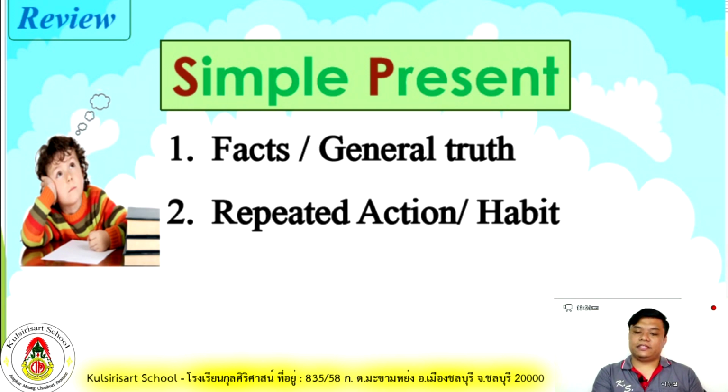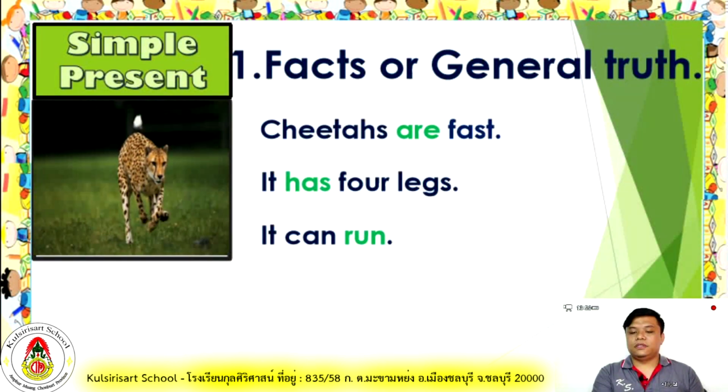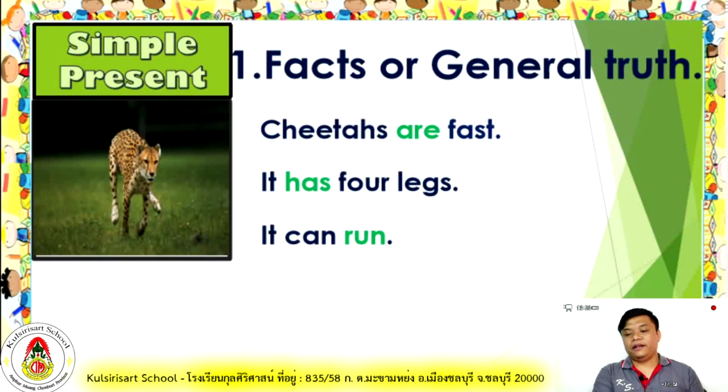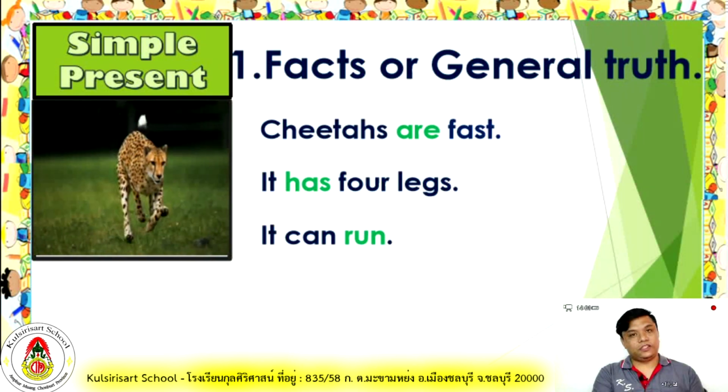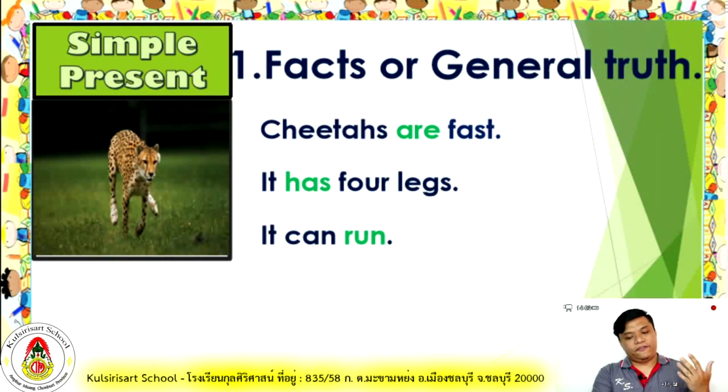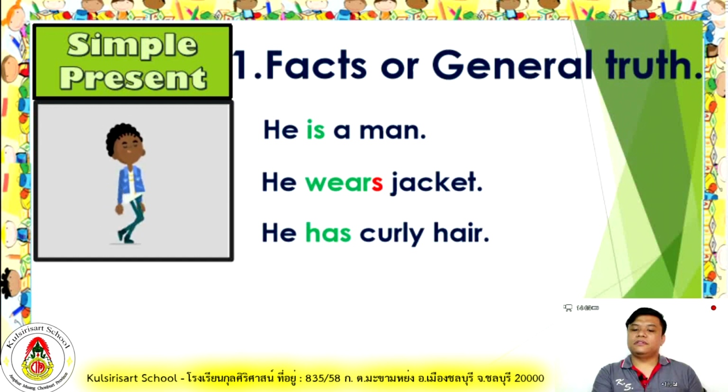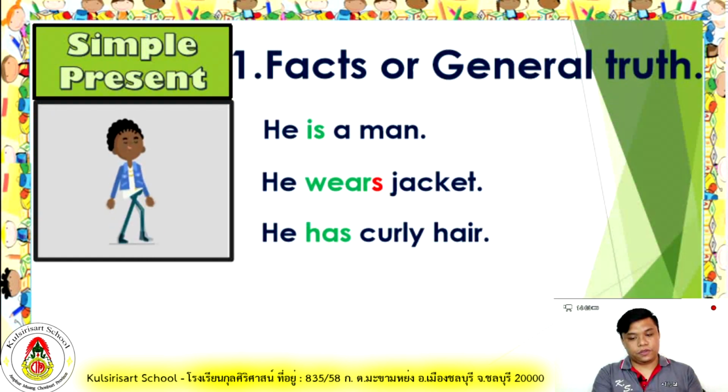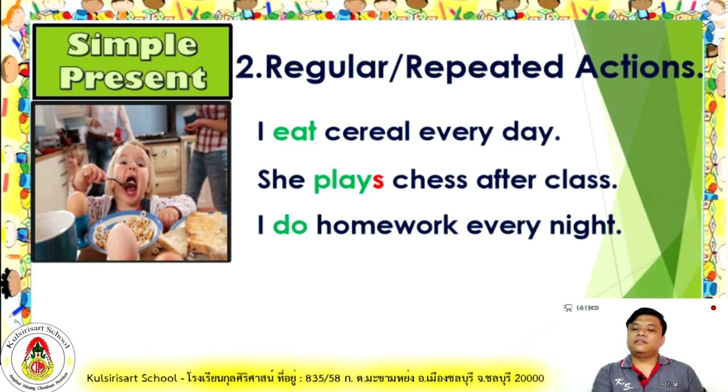Okay, facts, general truth. Say the examples here. Cheetahs are fast. So it's a truth and it's a fact. The same with these examples. He is a man. It's a general truth and it's a fact. Repeated action. Eat cereals every day. Do homework every night. Repeated action.